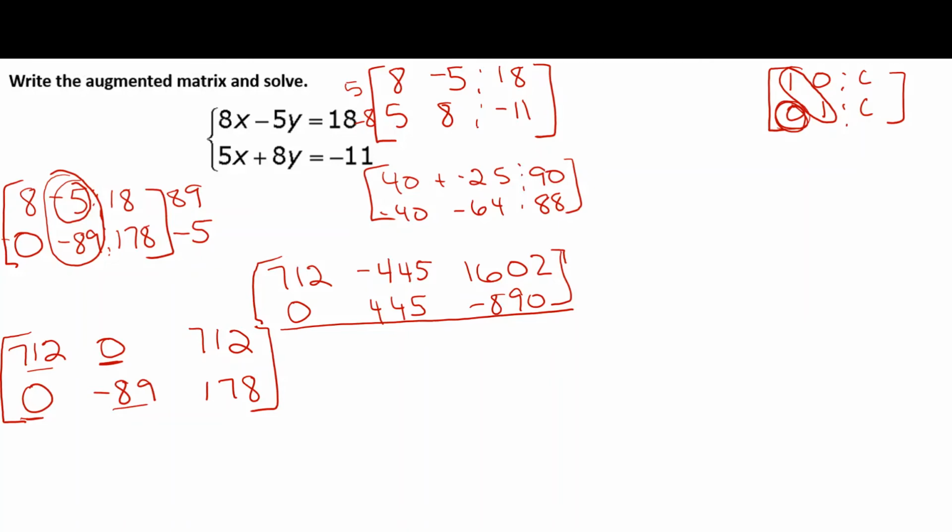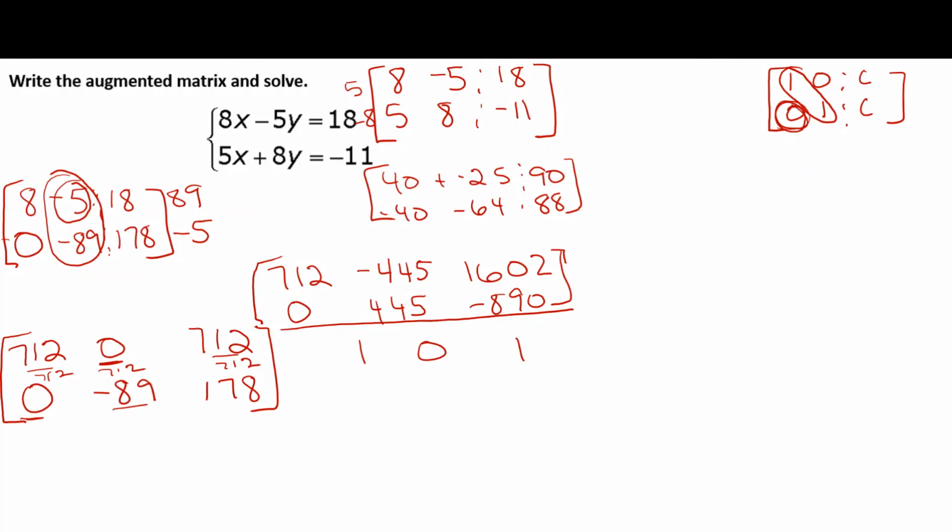So I can look at that. If I divide everything on the top by 712, I end up getting 1, 0, 1.